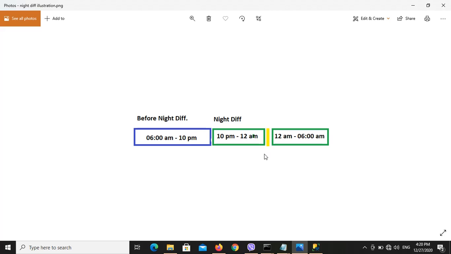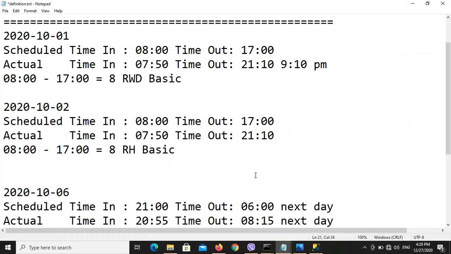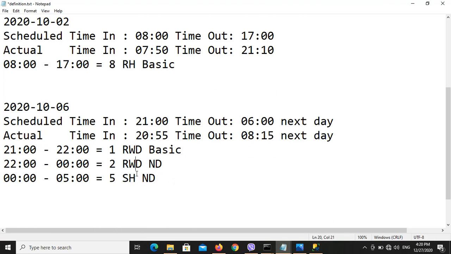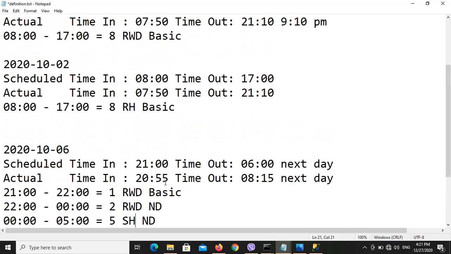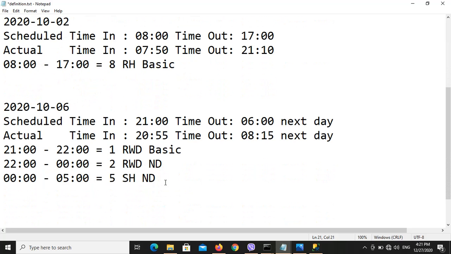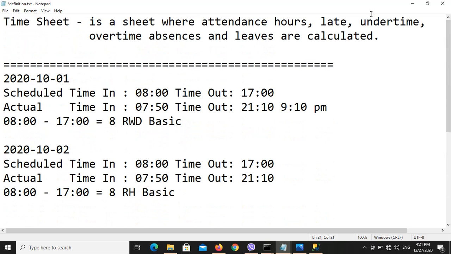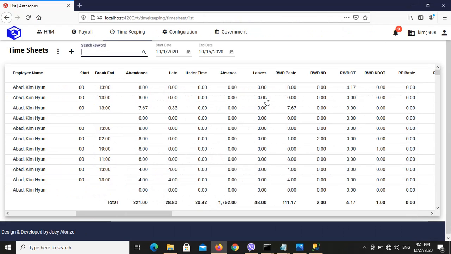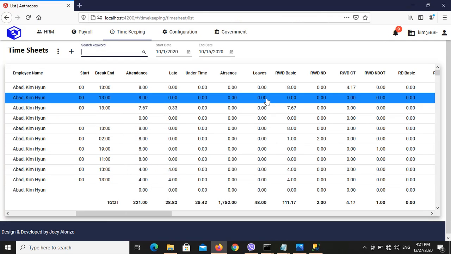Is it a regular holiday or special holiday? So in that case, you just classify it based on that. Whether it's RWD, SH, RH, RD, it depends on which day that hour falls. Okay? So, yeah, that's it. That's how easy it is to calculate attendance in HR Tech.